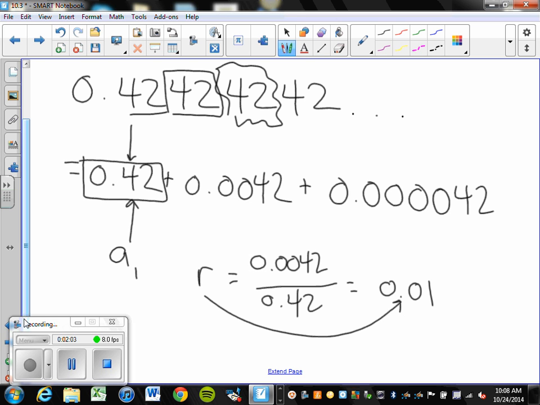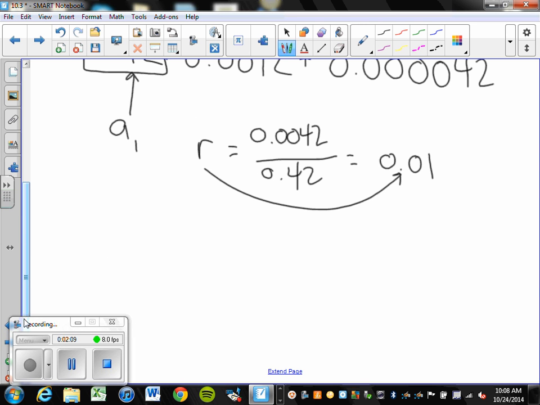The first term in this sum that I wrote is 0.42. So as a geometric series, as a rule, I can write that like this. 0.42 times 0.01 to the n minus 1 power.